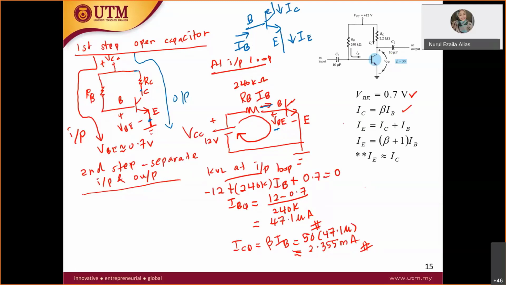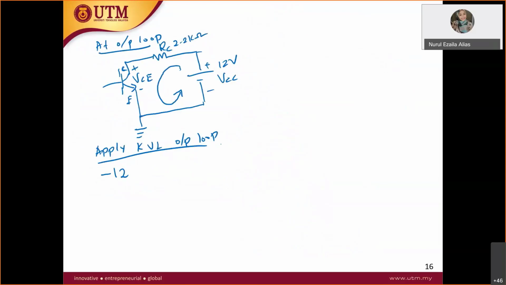Current IC goes into the collector, so this is your direction for IC. So you have negative 12 plus 2.2K IC plus VCE equal to 0. Now you already have your IC value.